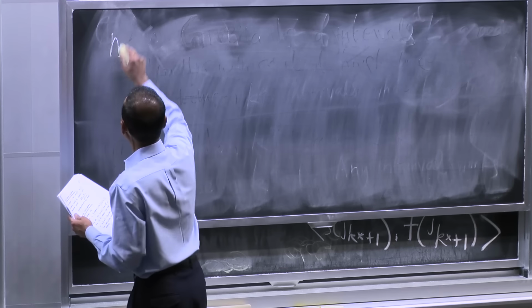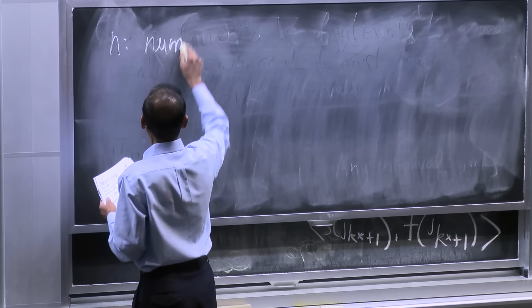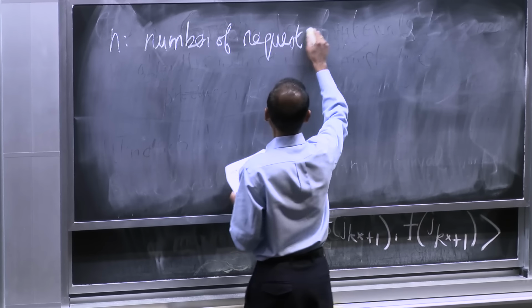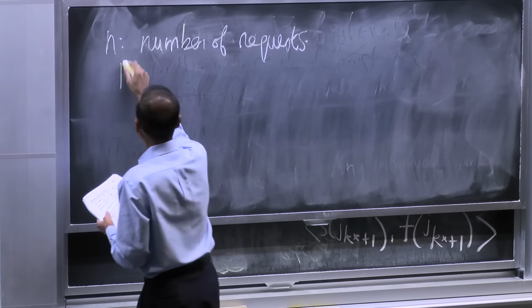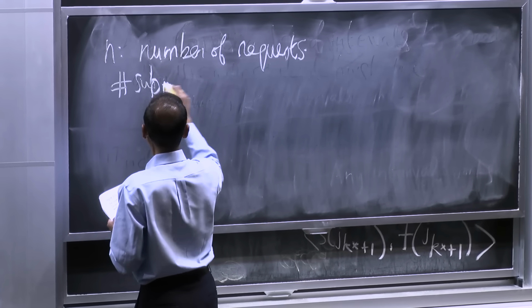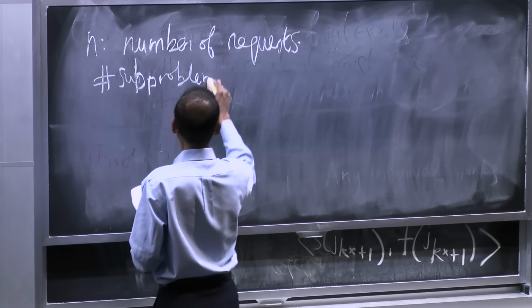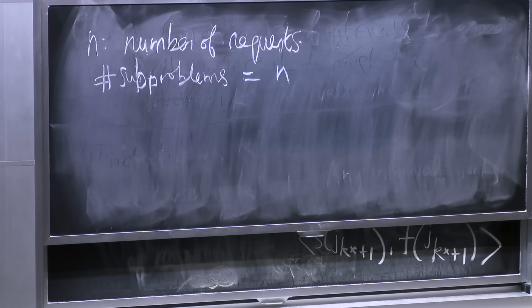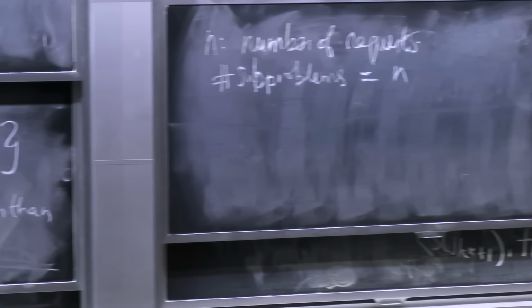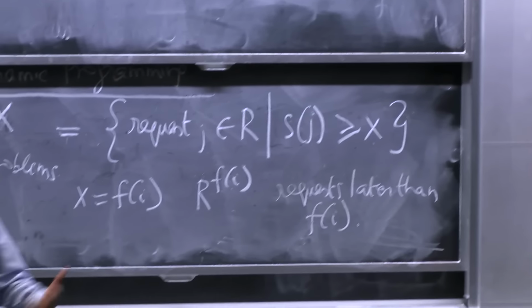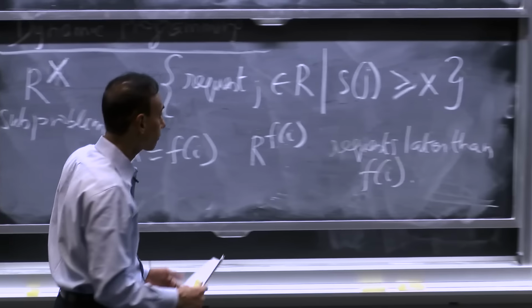So if n is the number of requests in the original problem, the number of subproblems equals n, because all I do is plug in an appropriate I, find the f of I for it, and generate the R of f of I for each of those. So there's going to be n of those subproblems.